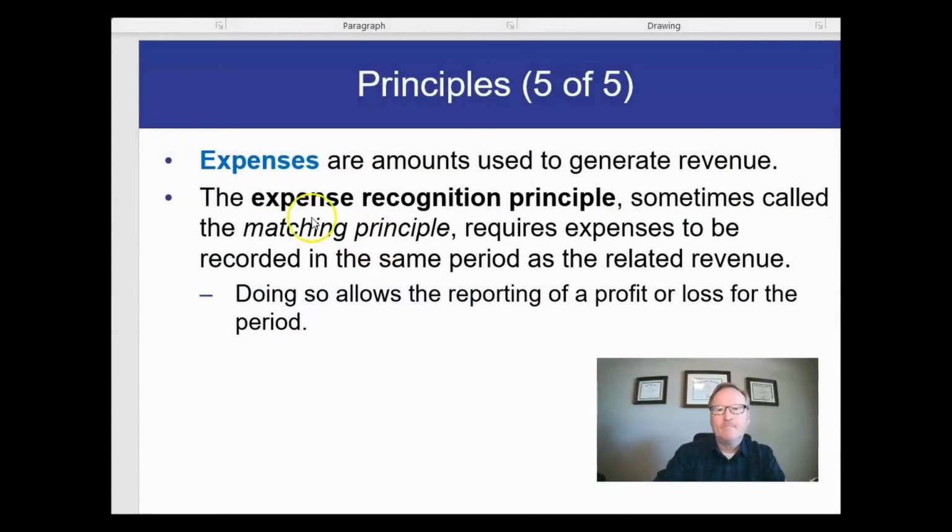Think about even in your own home, you've got your electric bill. You don't say, oh, I turned on the TV, I've got to pay the electric company. No, you pay your bill after the month is over. So going back to what we're talking about here, the matching principle is: when did you use these swimming pool chemicals to generate the revenue?